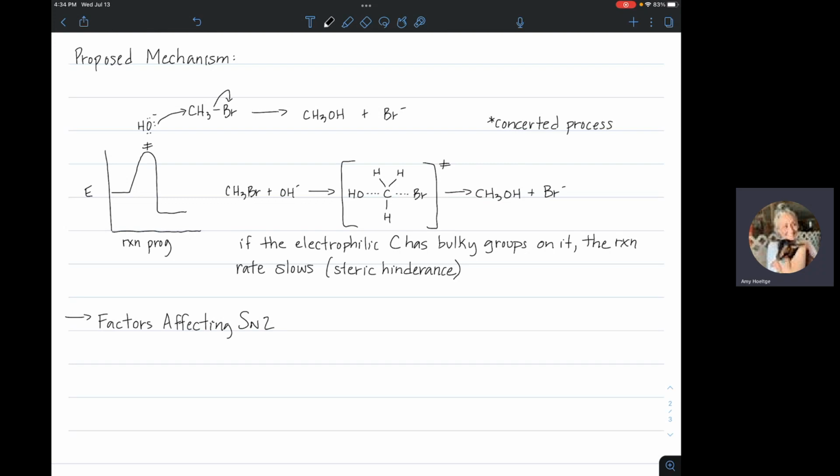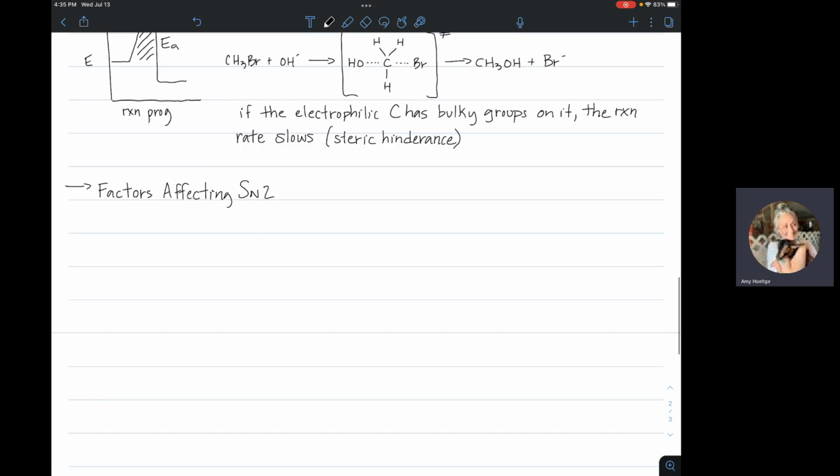You can tell just by looking at the reaction progress diagram, we only have one activation energy. This right here is our activation energy. There's one. If there were two steps, we'd have two of those. Kinetics tells us that the concentration of both reactants is going to come into play with the reaction rate. And if there are only two reactants, then it must be a one-step process.